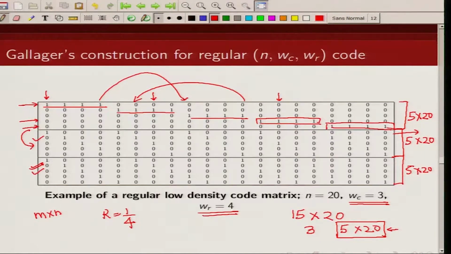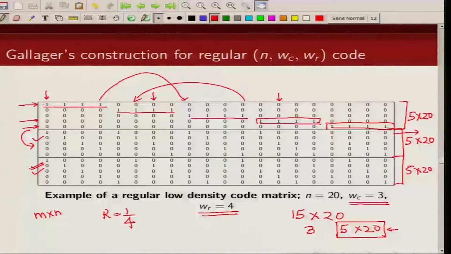Once I do this, I am able to design these 3 sub matrices of 5 cross 20, each with column weight 1. So the overall column weight will be 3 and the overall row weight is still 4. I am able to design a low density parity check matrix which has 3 ones in each column and 4 ones in each row.